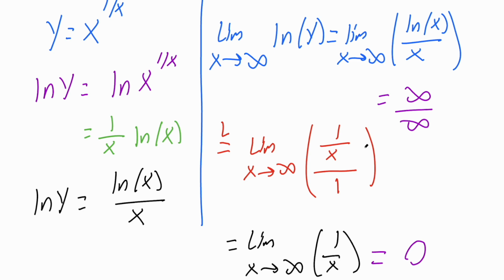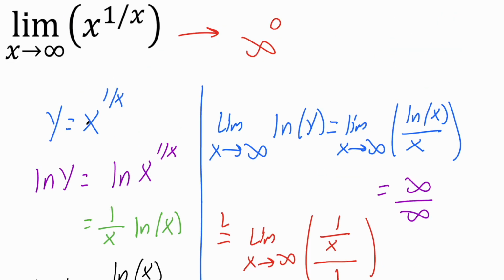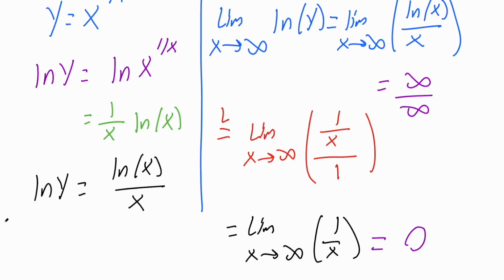Now we're not done yet, because we have to remember we're saying that the limit as x approaches infinity is for ln y. This is very important. It's not y, it's ln y. And earlier we said y is equal to x raised to 1 over x. So that's this piece right here. But what we just found out is the limit as x approaches infinity for ln y would give us a 0. But we want to figure out for y. So let's clean this up a little bit.